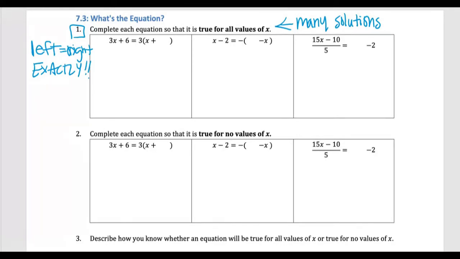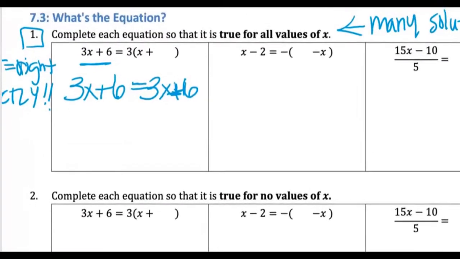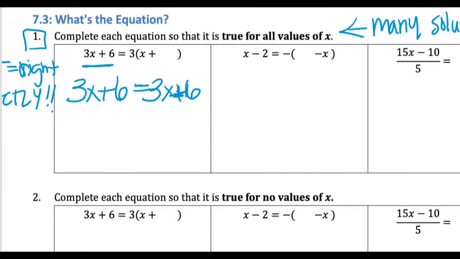So let's look at number 1. The left side is 3x plus 6. So that means I need my right side to equal 3x plus 6. Now the thing is we're given a piece. Okay, let me zoom in here for you.